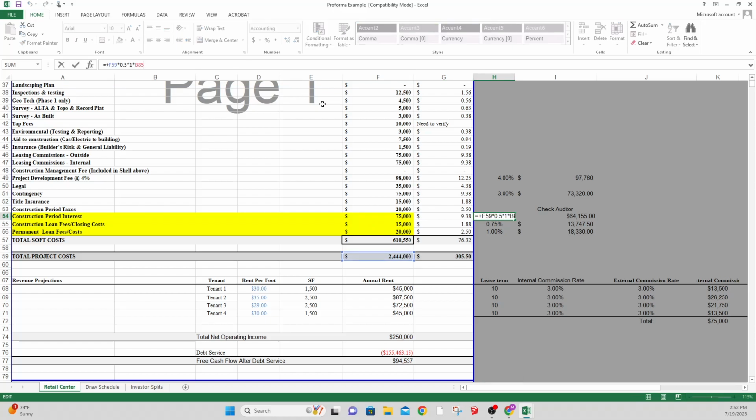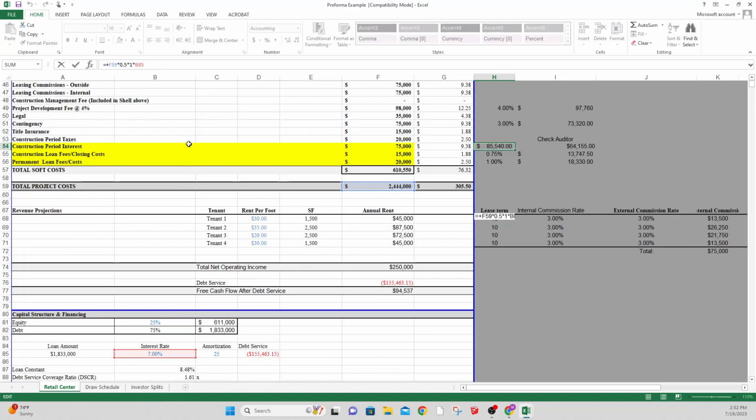Kind of the most simplistic way, and we can look at the range of values that come from this, is you take the total project costs, you assume half of those costs are outstanding, and then, let's say it's going to take 1 year, so half the costs outstanding times 1 year to build the building, and then multiplied by the interest rate.